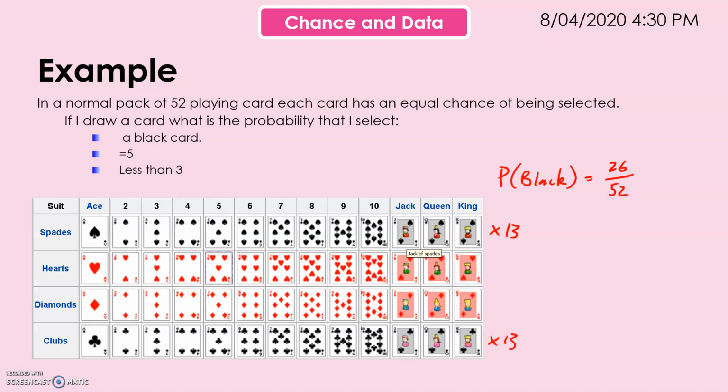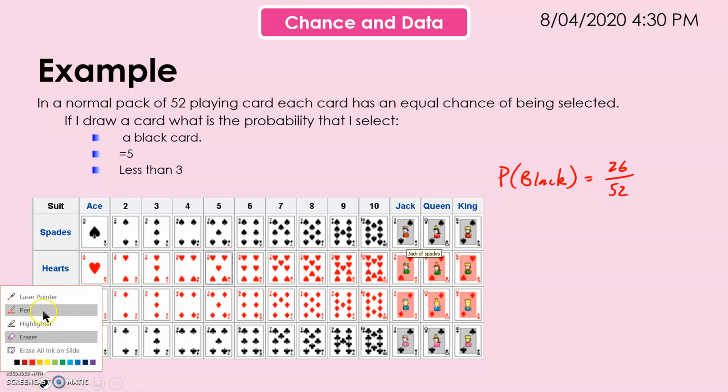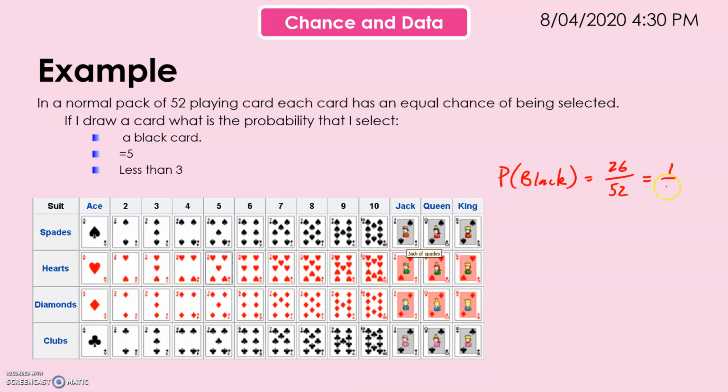Now, the great thing about doing this cards question is that it illustrates the simplification of fractions. 26 is half of 52, or both can be divided by 2, which gives you 13 over 26, and then you can divide those by 13.